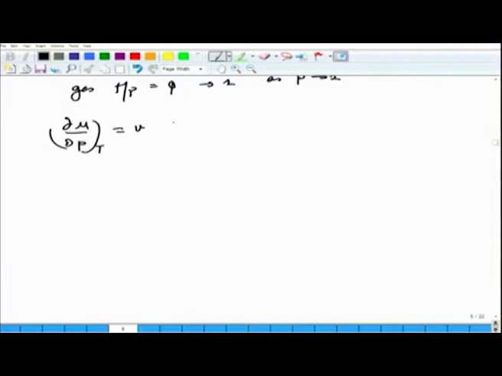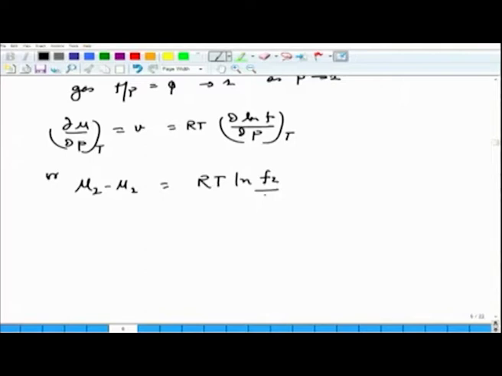This can now be written as RT del ln f by del P at constant T, or in other words mu 2 minus mu 1 is RT ln f2 by f1. This is nothing but, because you are integrating with respect to pressure, the integral of V dP from P1 to P2.